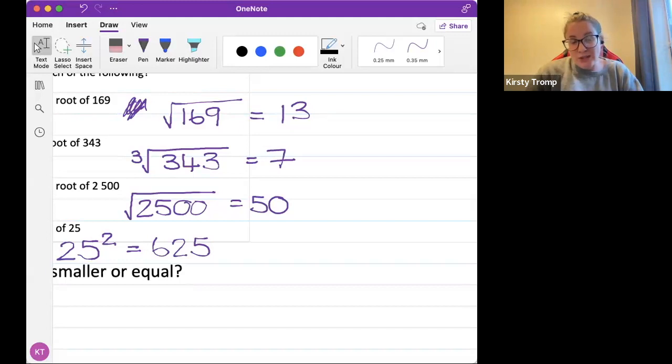When you're square rooting something, you're asking yourself what times what will give you the answer. So you could say you're dividing when you're square rooting, because if you're looking for the square root of 25, then you're going to say 25 divided by 5 will give you 5. So I suppose you could say you're dividing, but it's much easier to ask yourself what times what will give you the answer.